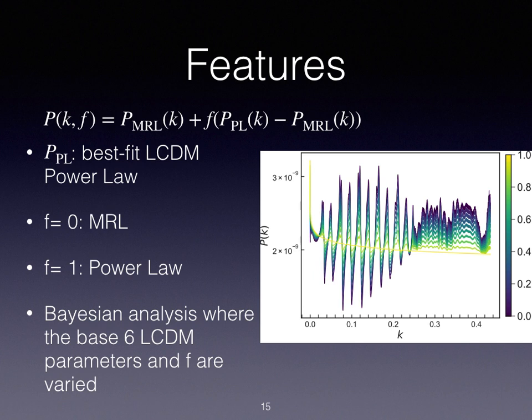In total, we essentially have the same six parameters of the base lambda CDM model with one additional parameter f, which characterizes the deviation towards the MRL template. We call this in total the deformation model. In the figure here, we simply display a few instances of the deformed MRL-derived primordial power spectrum, where f equals 0 is the MRL primordial power spectrum in blue, and f equals 1 is the best fit power law primordial power spectrum in yellow.